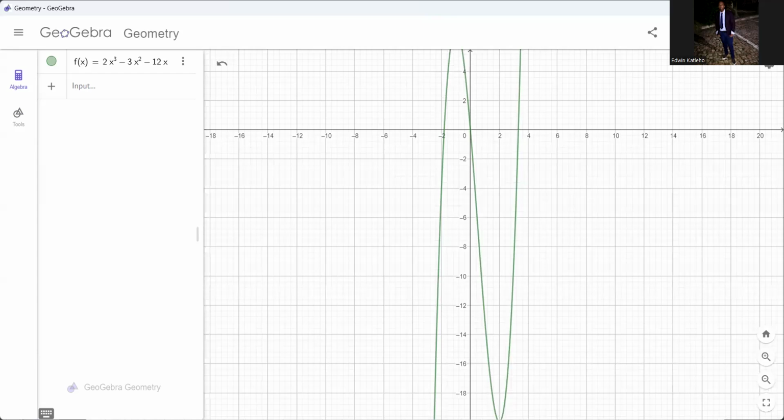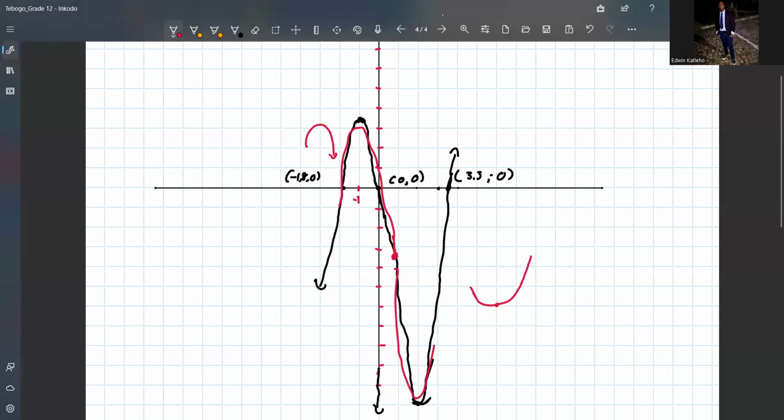Oh, sorry, I think you did not see my screen when I referred to concavity. Right, let me explain that again to you guys. I said the function will be concave up if it has a minimum turning point, and it will be concave down when it has a maximum turning point.